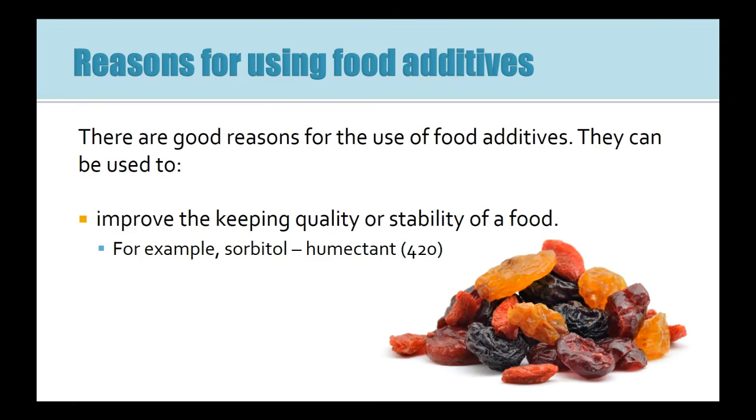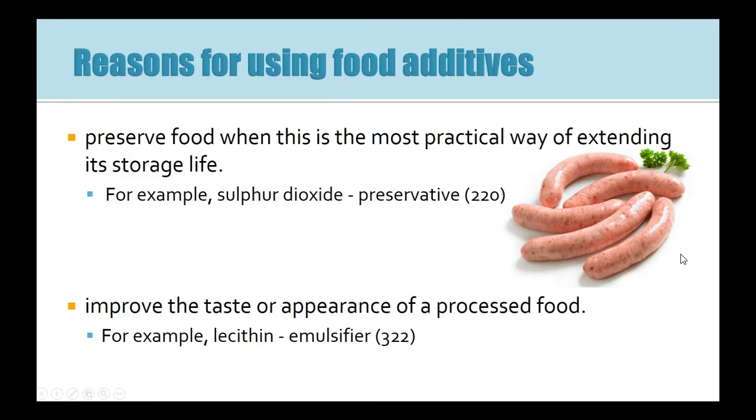So there are many reasons for using food additives. They could be used to improve the stability or quality of a food. So sorbitol is used for dried fruit to maintain moisture level and the softness of the fruit. It could be to preserve food, to extend the storage life.